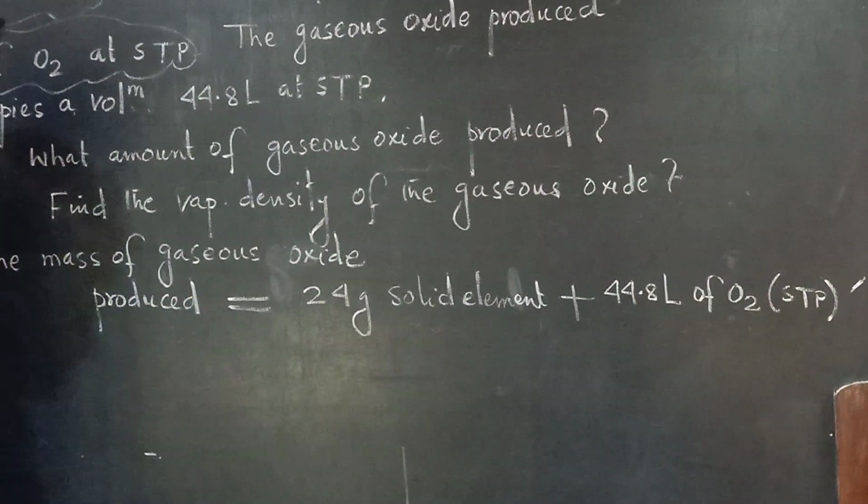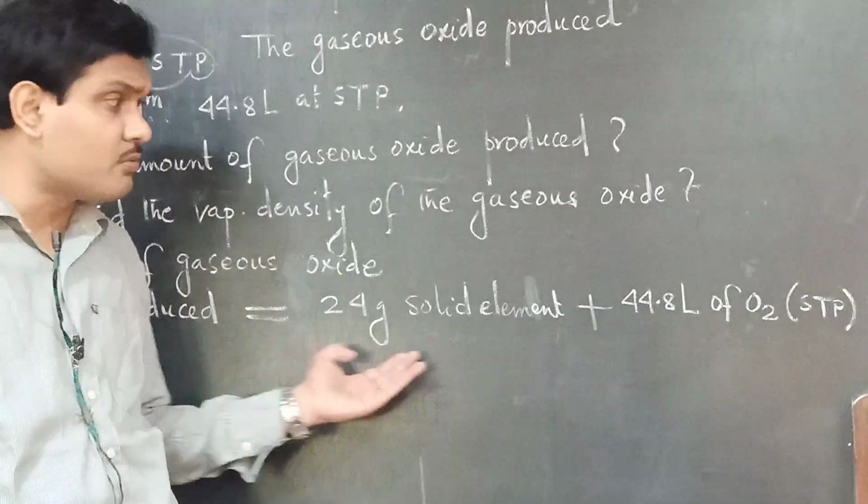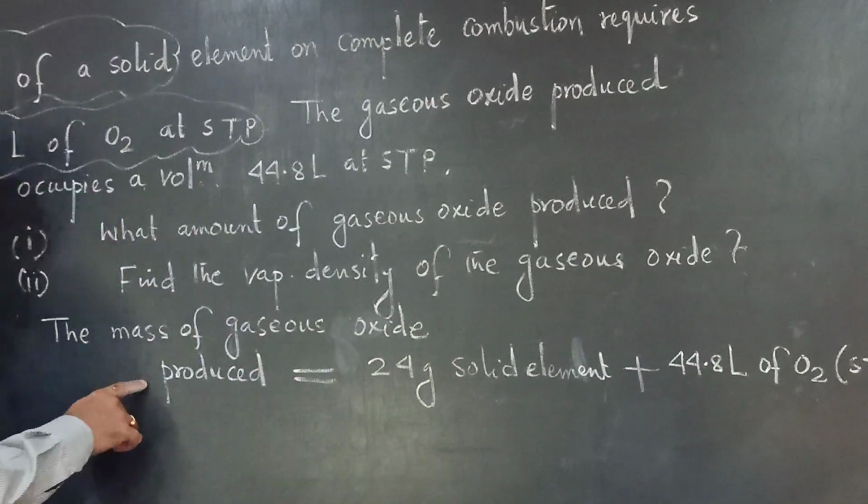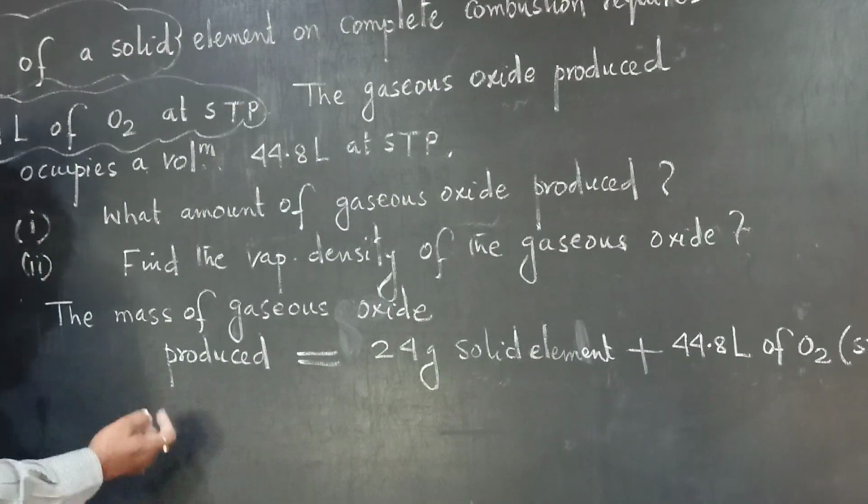To find the mass, it is not possible to add gram with a volume in liter. So we have to change it into gram, because we have to find the mass of the gaseous oxide.